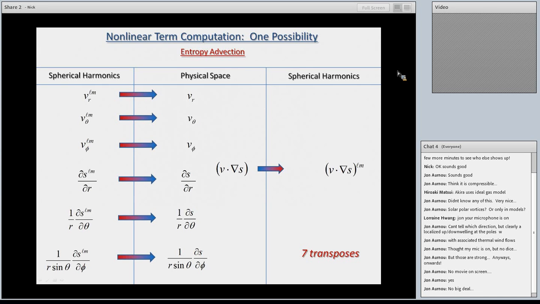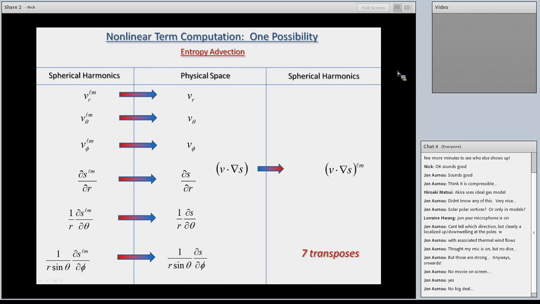The way to think about this is just imagine we've got things in physical space and radius, but we want to move from spherical harmonic land to physical space so that we can compute the nonlinear entropy advection term, right? So V dot grad S. If you take stock of all the fields you need for this, you need 6 things: the different components of your velocity and then the derivatives of your entropy field.